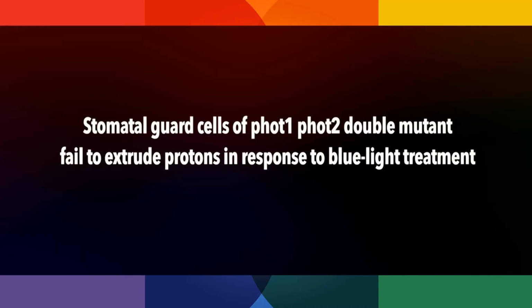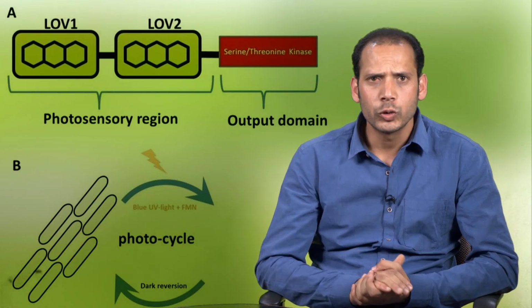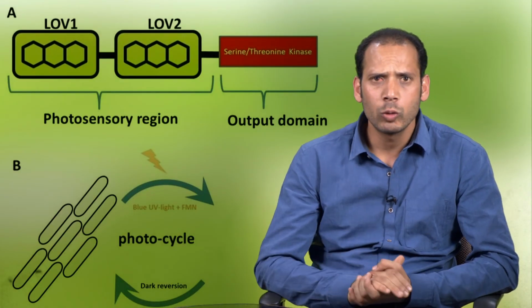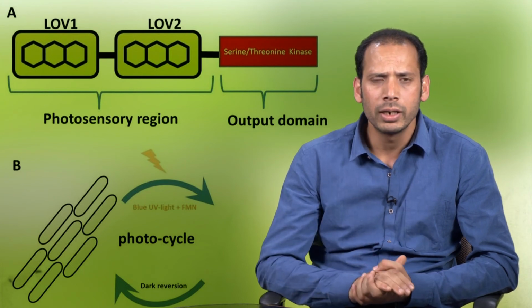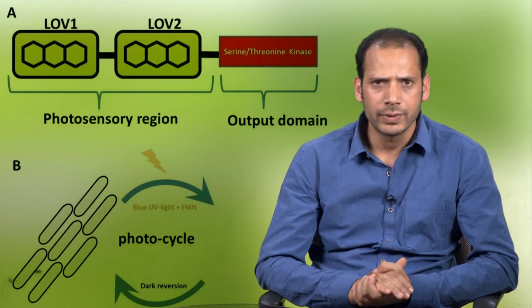Stomatal guard cells of the PHOT1 and PHOT2 double mutant fail to extrude protons in response to blue light treatment. Proton extrusion is essential for stomatal opening and involves the activation of the plasma membrane H+ ATPase.